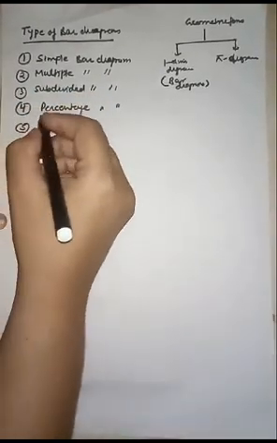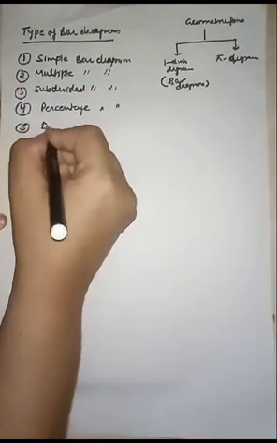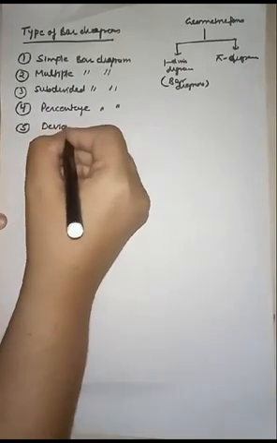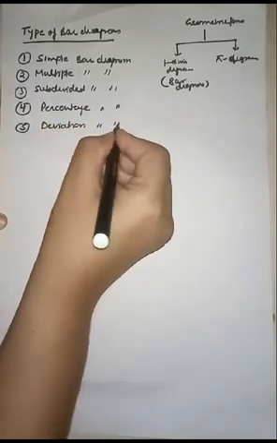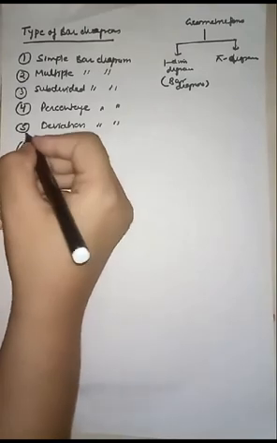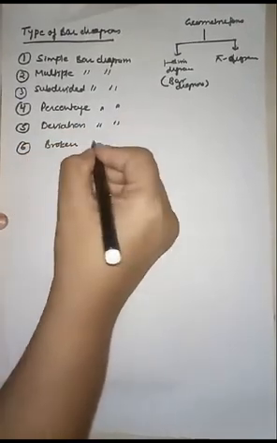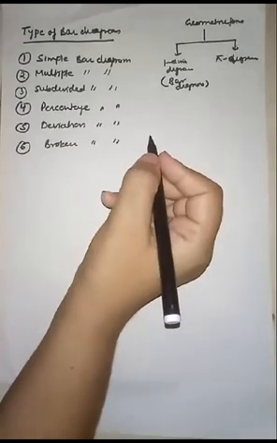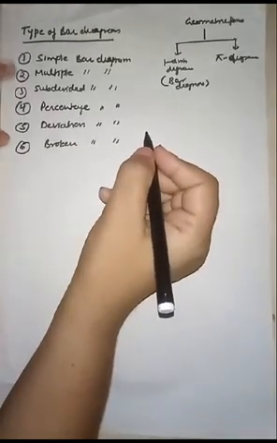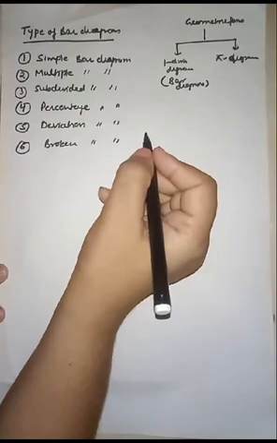Fifth one is deviation bar diagram. And sixth one is broken bar diagram. So these are the forms of bar diagram.